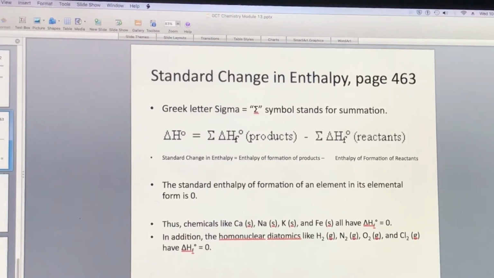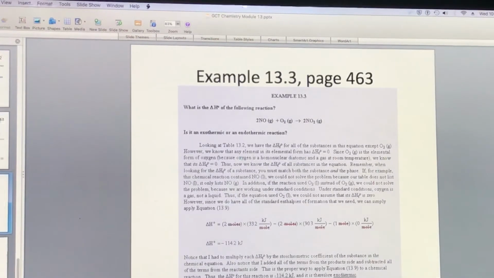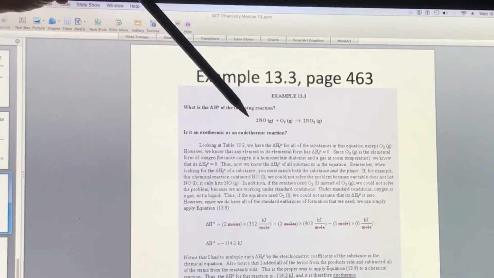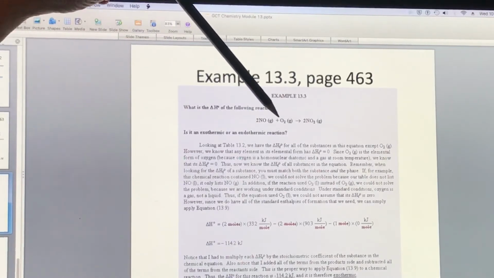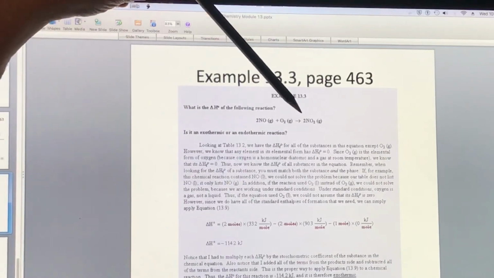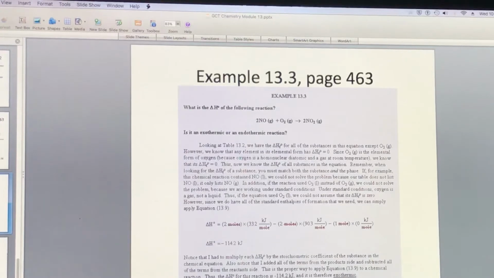All right, so let's look at an example here. It's asking what is the delta H of the following reaction: 2 times nitrogen monoxide plus oxygen gas yields 2 nitrogen dioxide. And they're asking, is it exothermic or endothermic?